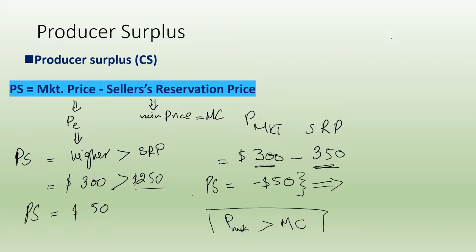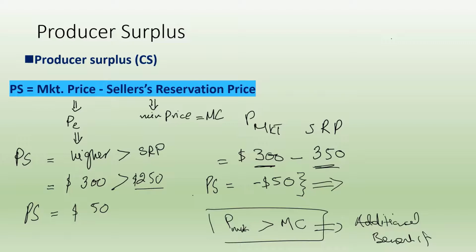So they are reaping some additional benefits, which is known as the producer surplus, right? So that's all for this theoretical explanation of producer surplus.